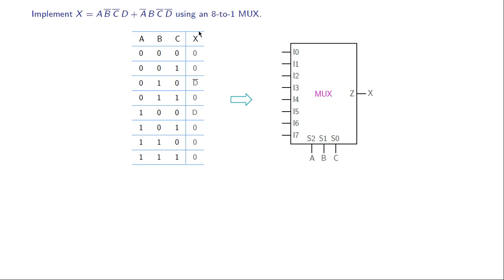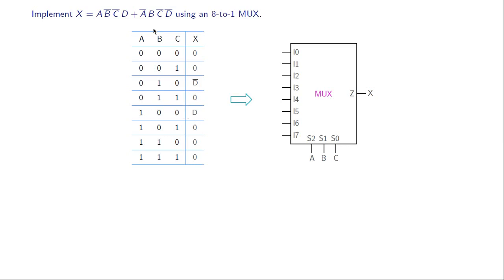Now to complete this column, let us look at our minterms. This first minterm has A, B bar, C bar, and this part is 1 when A is 1, B is 0 and C is 0. That is 1 0 0 here. And when that happens, our x becomes equal to D, and this part of course is then 0. So that is why we have x equal to D over here.